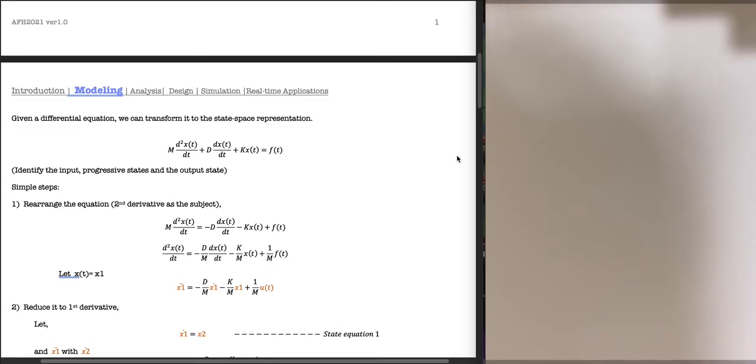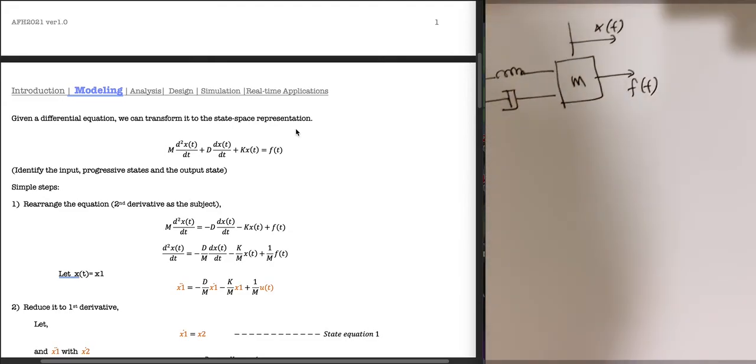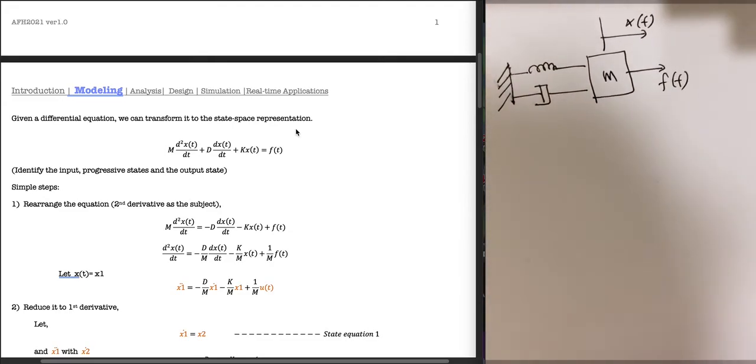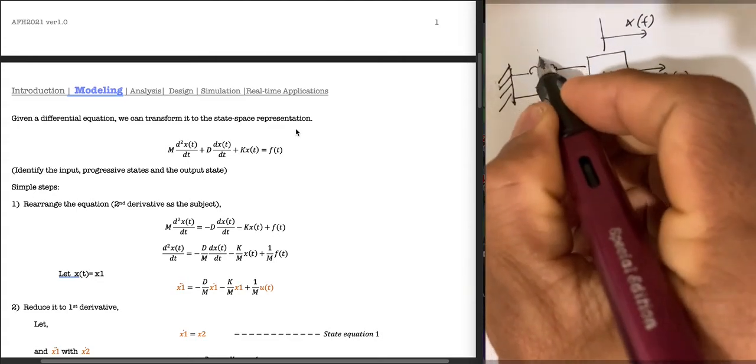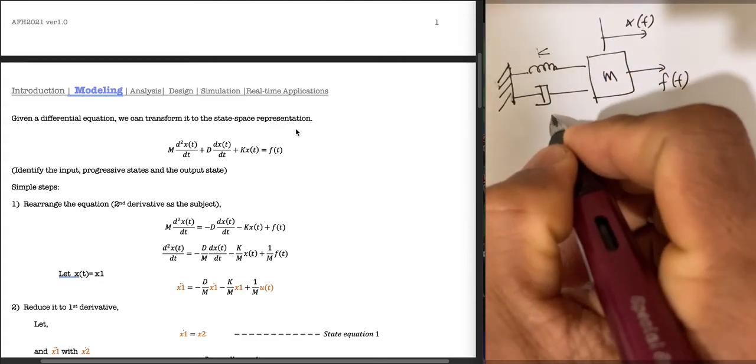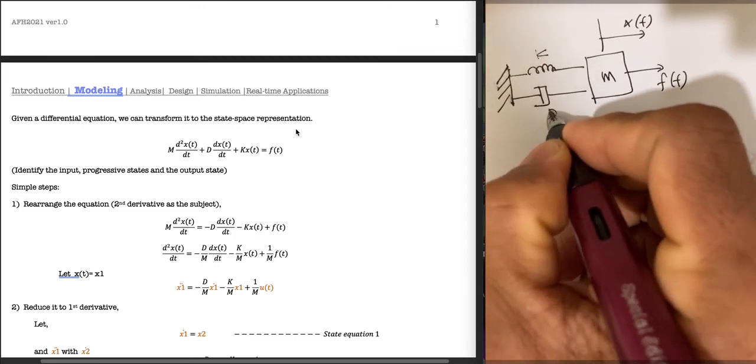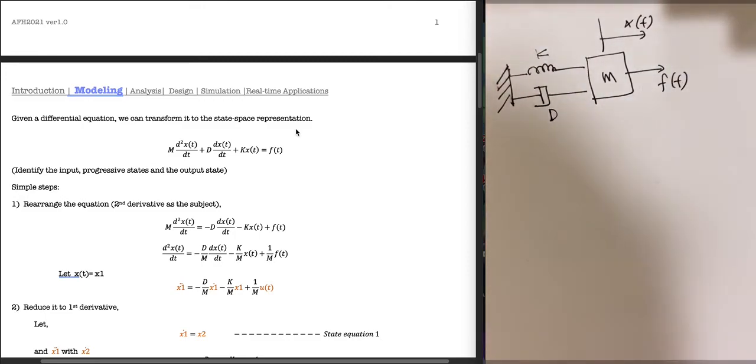In my previous lecture, we discussed how to represent physical systems using differential equations. This is a common example: we have a spring K, a damper D (or B), and a mass.